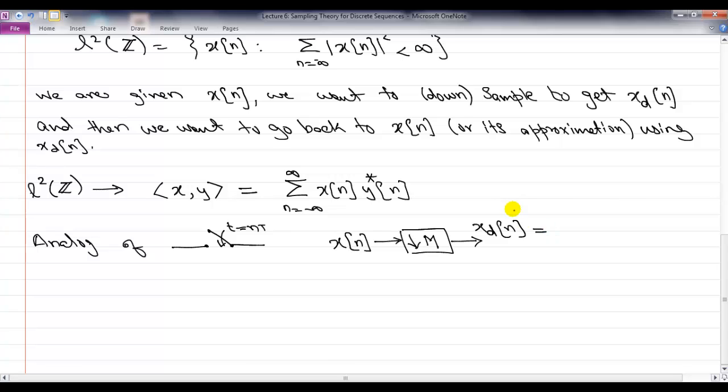Okay. x_d[n] is simply x[Mn]. And of course, the constraint is that M has to be an integer, a positive integer. So unlike in the continuous world where T could be any number, in the discrete world, M has to be a positive integer.